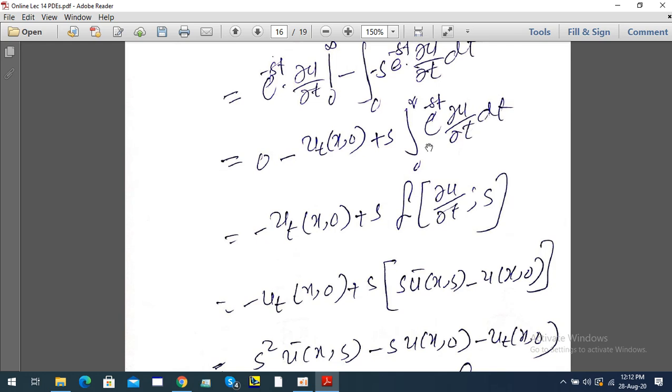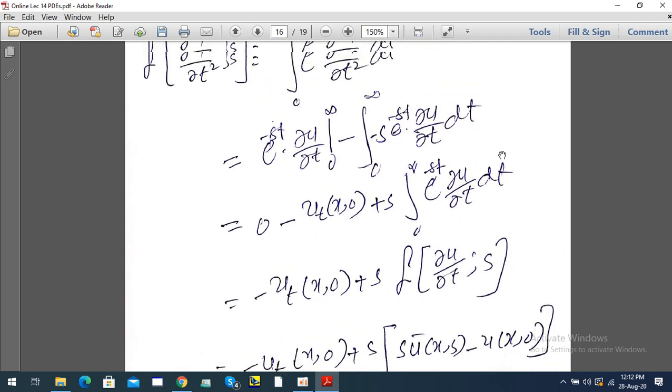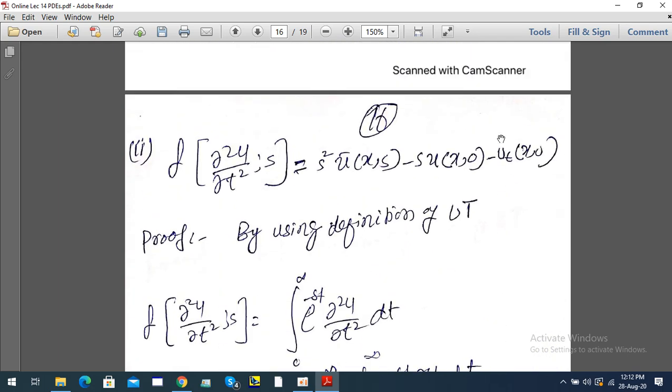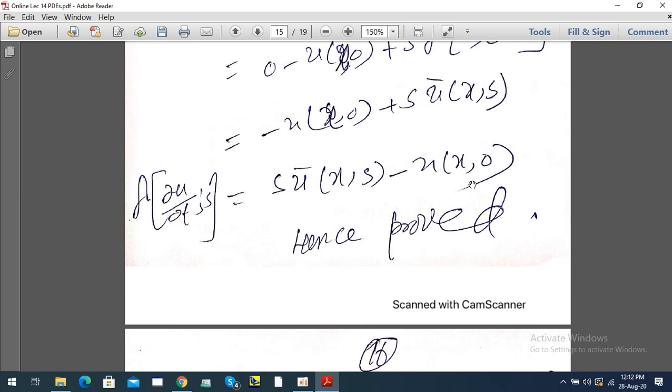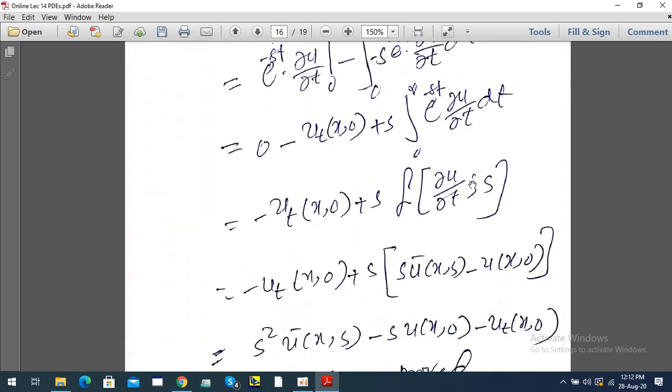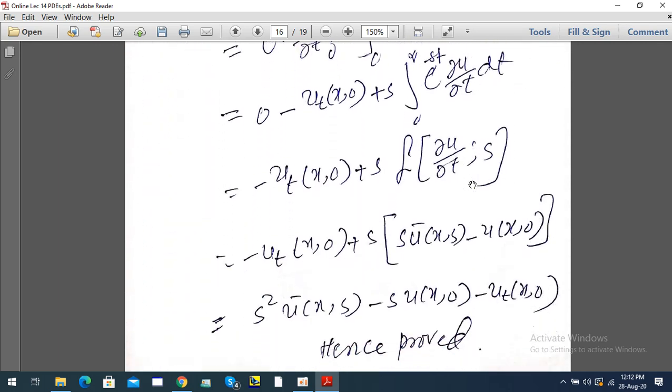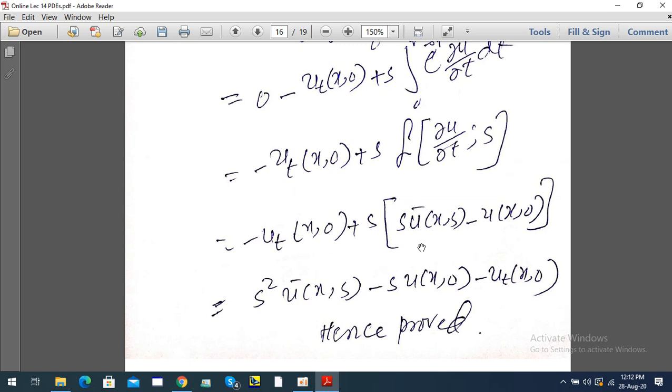What does it mean? The integral is the Laplace of this thing, and we have already found the Laplace of partial u by partial t, which is given here.